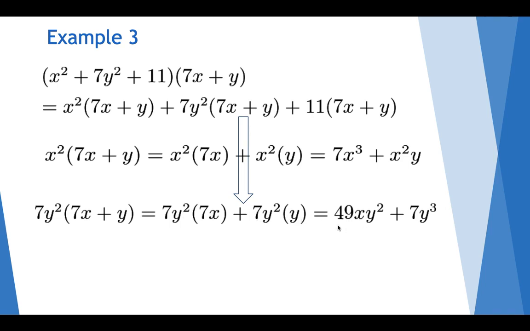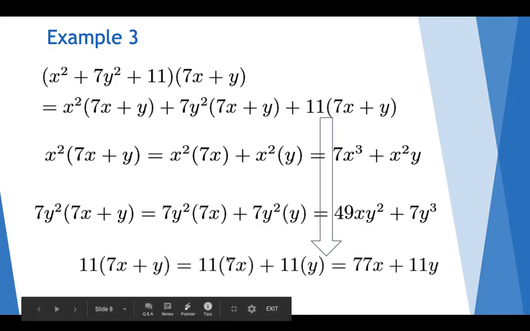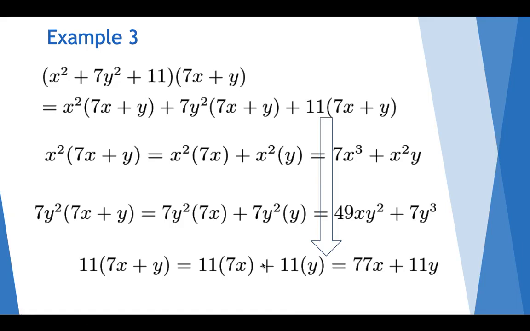So over here you get 49xy squared plus 7y cubed. The main difficulty with problems like this is making sure that you keep your terms in order and you're simplifying correctly. And then for the final part of this, 11 times 7x plus y is just 11 times 7x plus 11 times y, which gives you 77x plus 11y.